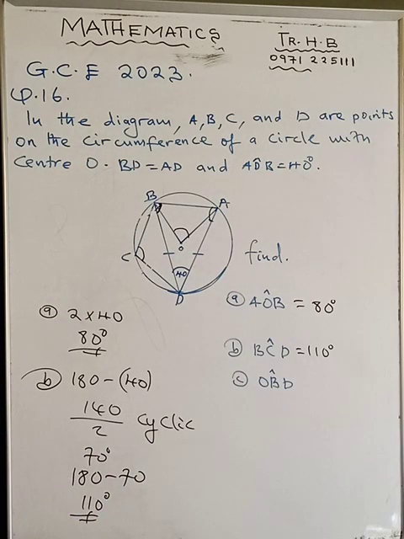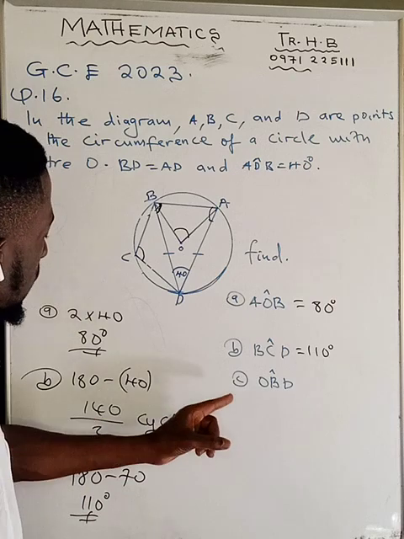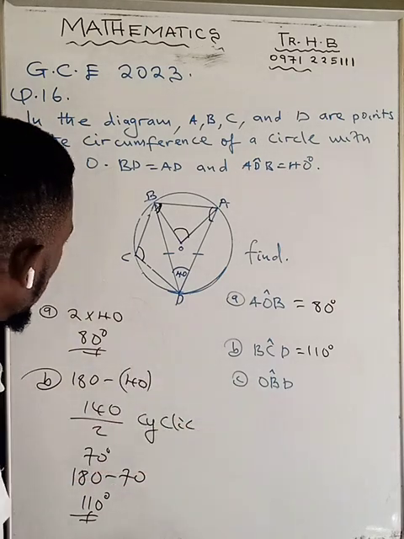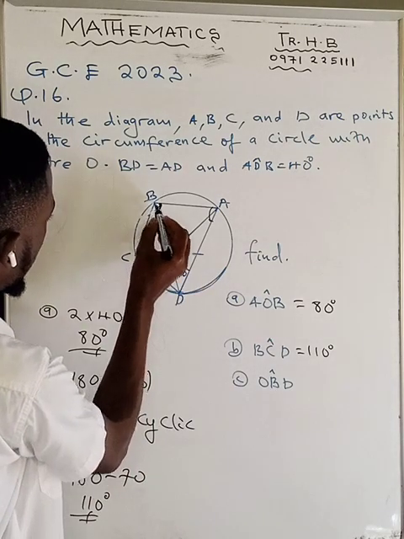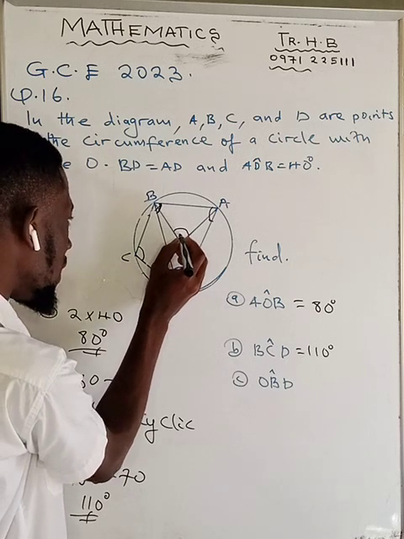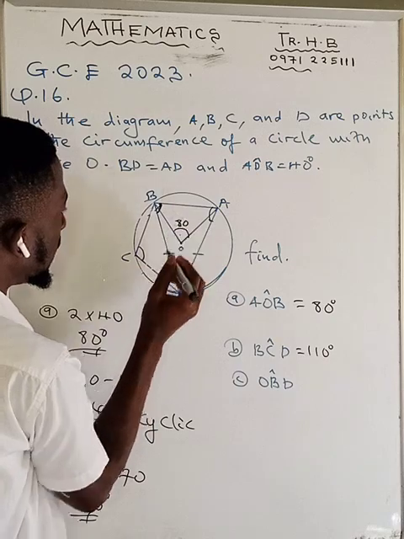Let me now move to the last but not the least question. The last question is saying calculate angle OBD. So this is OBD. Now, you have the angle that is here. The angle that we found here is 80 degrees.